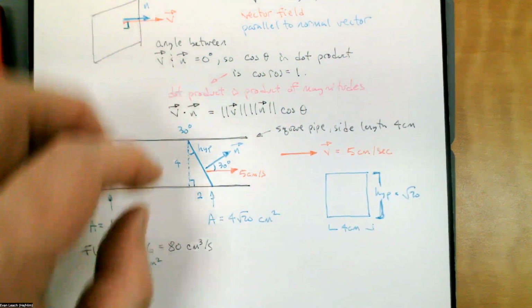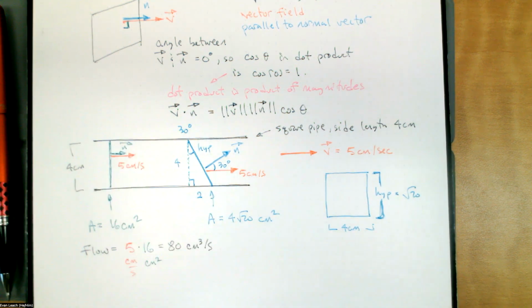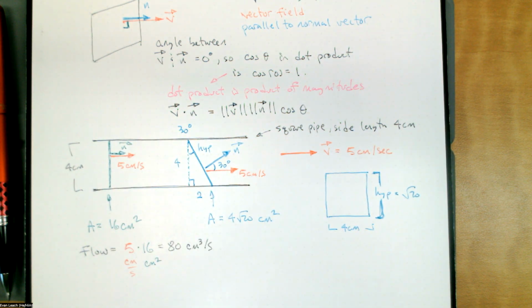If this is 4, this side opposite the 30 is 2, because I made a 30-degree angle. So by the Pythagorean theorem, 4 squared and 2 squared, so 16 and 4. And that's why I picked 30. I didn't pick 30, did I? Because 4 should be the hypotenuse.